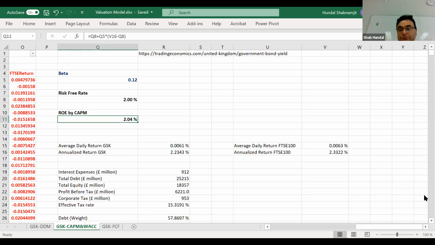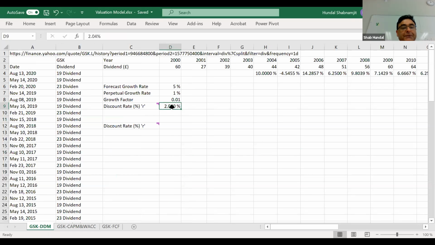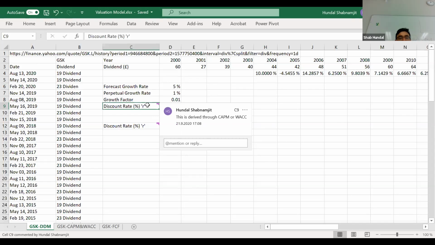And then this 2.04 is the same 2.04 which is here. All good. So this is the minimum, and this is the rate of discount we use for this calculation. I think I wrote a note here as well: this is derived through CAPM or WACC.